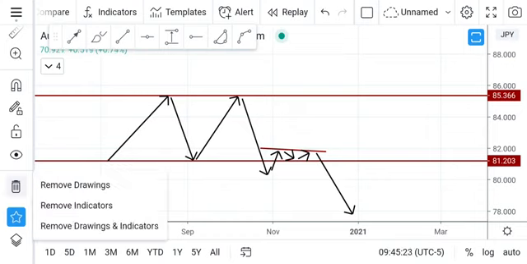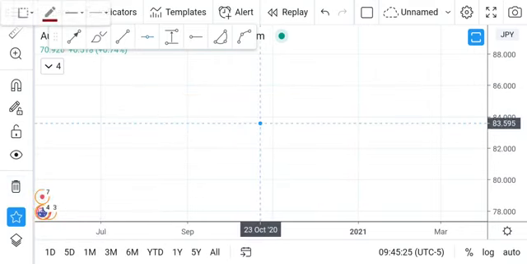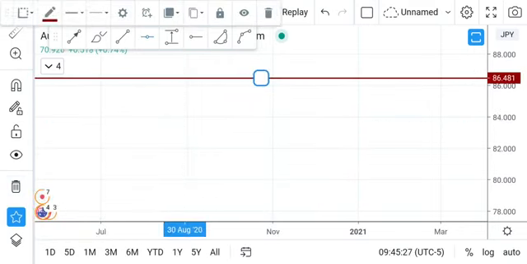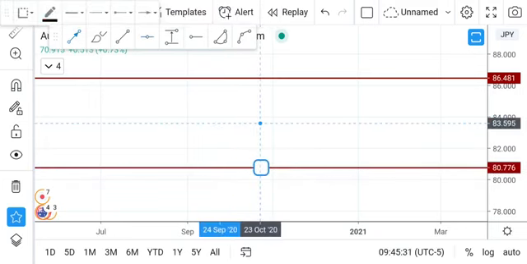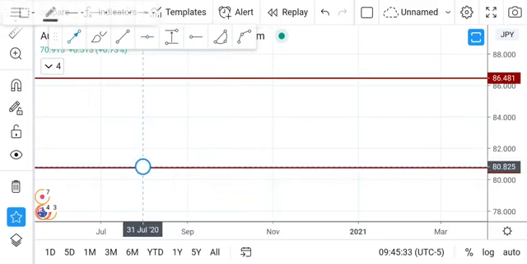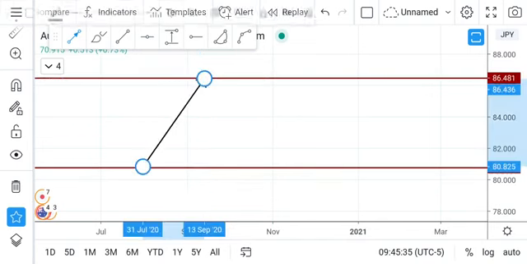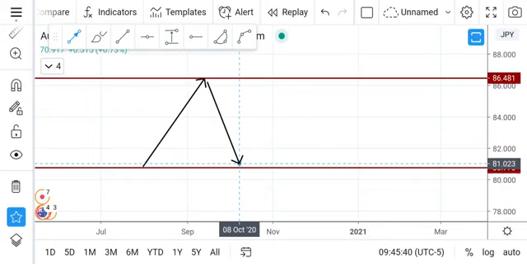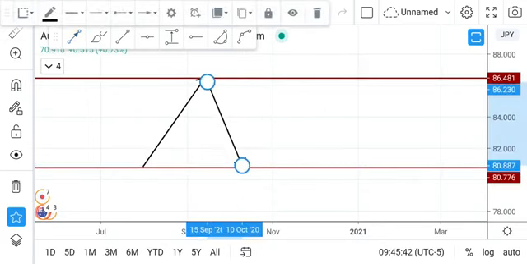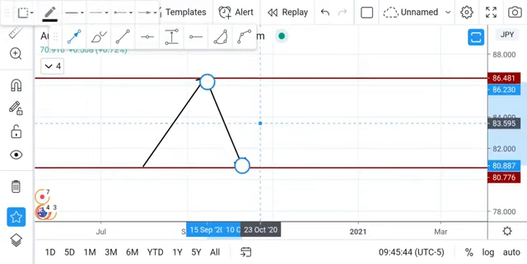Let me try and illustrate that again. So you are going to have a support, a resistance, support, and the price is going to make a top. Buyers are going to push it up to resistance. Sellers will come back, push it down back to support, and you have a top over here.